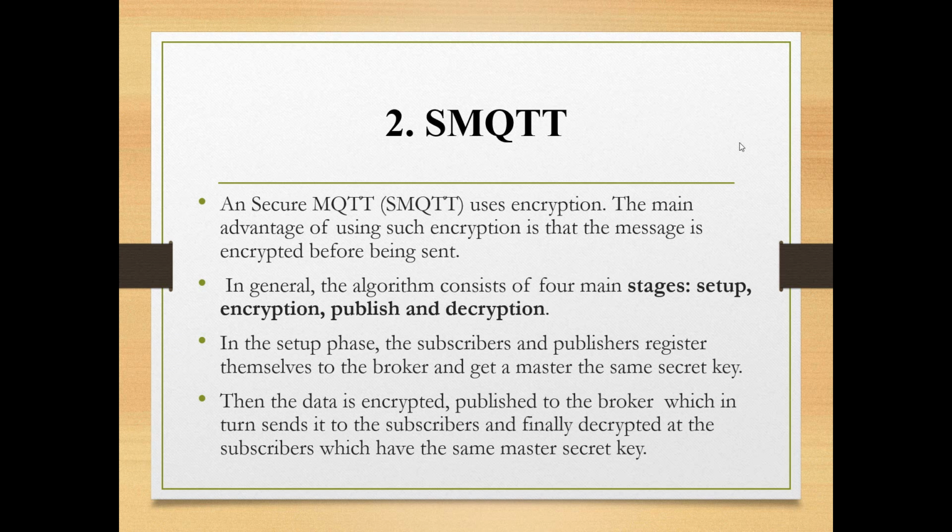After the data is encrypted and published to the server, the server in turn sends the data to the subscribers. Lastly, the subscribers use the secret key for decrypting the message which has been sent.